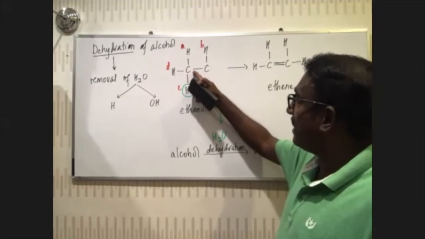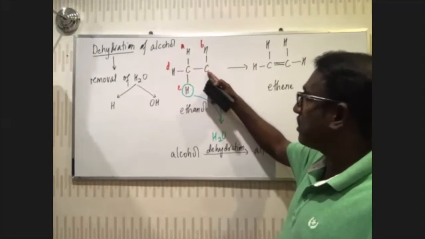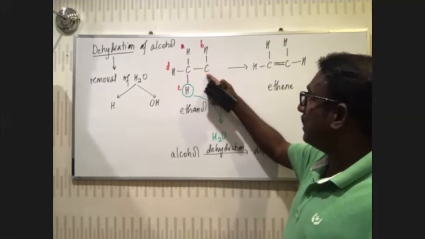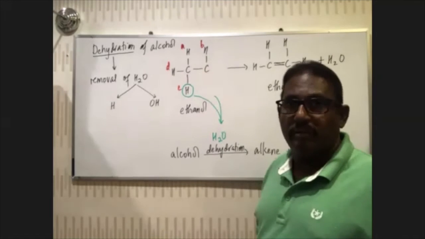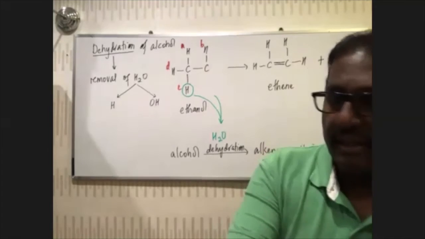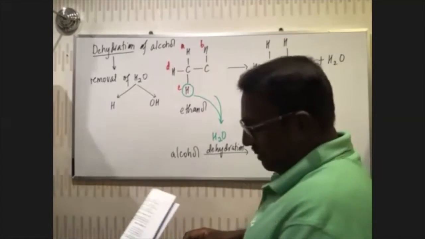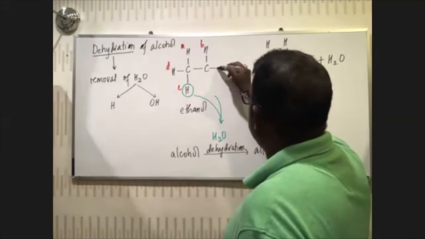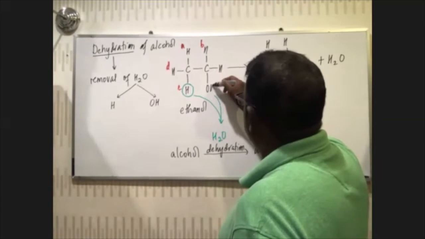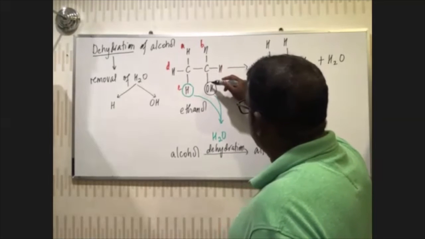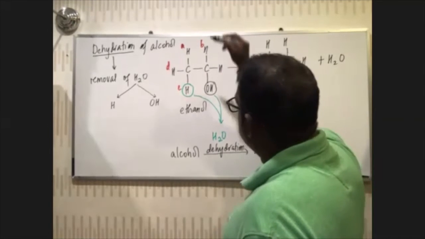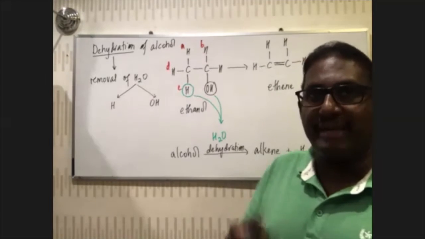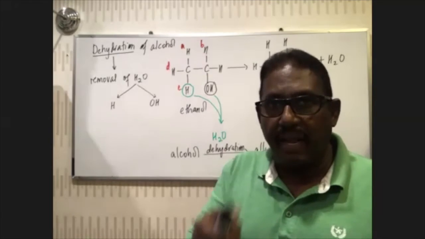This one is already stabilized, so this one need not combine with this to stabilize itself because it's already stable. Now this one is lacking 2. So in other words, the hydrogen cannot come from the same carbon. If this carbon contributes the OH, the hydrogen must come from the next neighboring carbon.